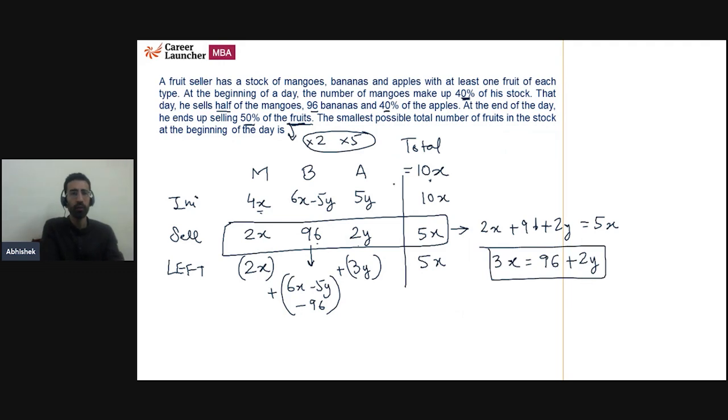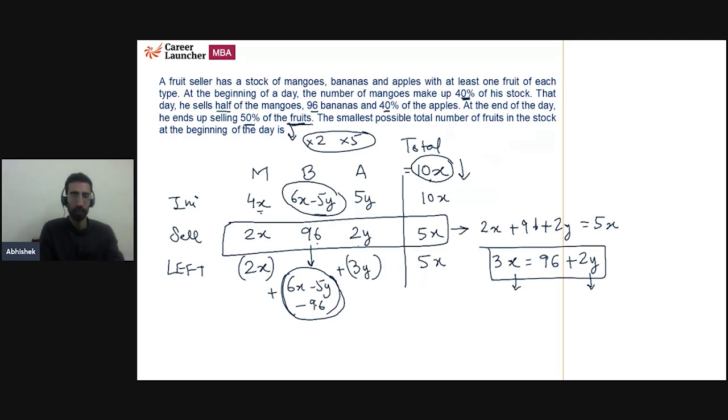And what are you trying to do? The smallest possible total number of fruits in the stock. You're trying to minimize the total. You're trying to minimize 10x. You're basically trying to minimize x. If I want to minimize x, I better minimize y. That's all. I'll also have to make sure that none of my values come out to be 0. This ought to be positive, because you'll be left with at least some banana.